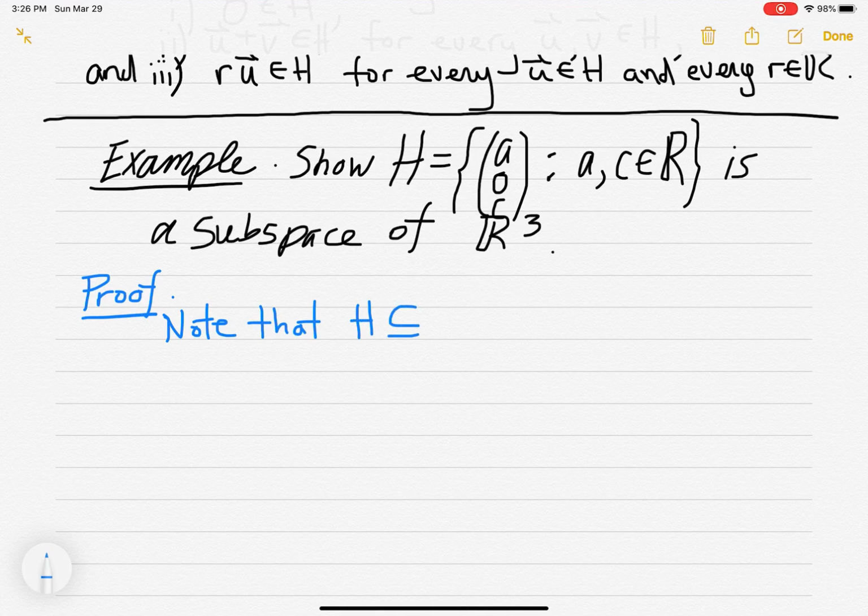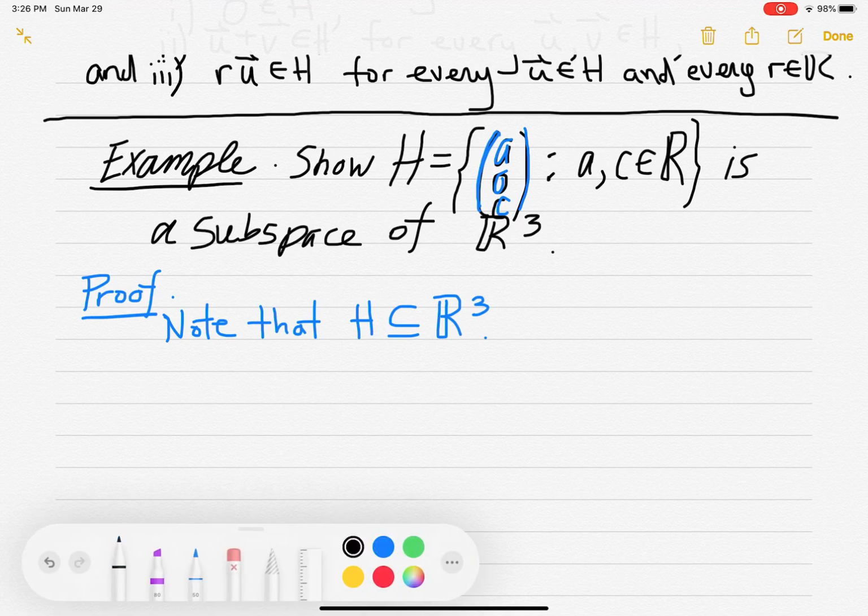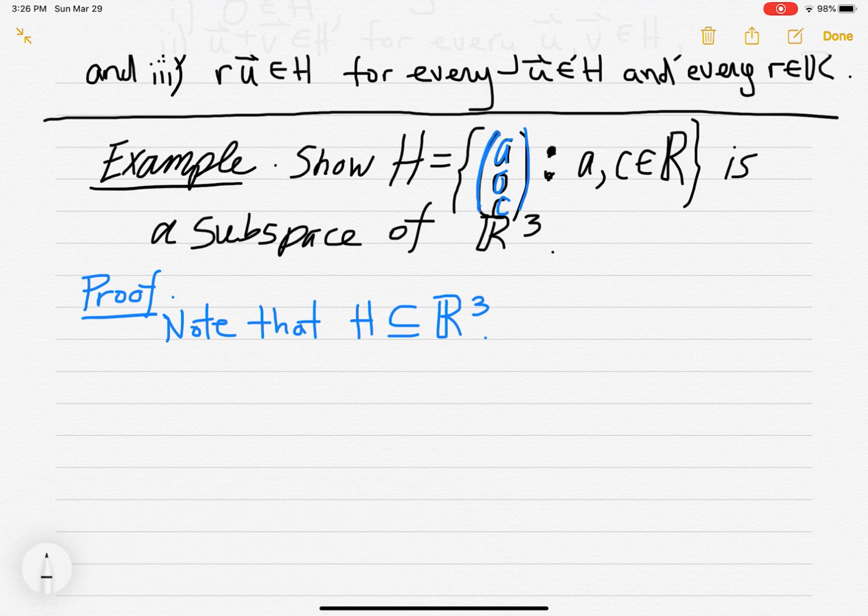That's the symbol for subset. It looks like a sideways horseshoe with an equal sign underneath. So why is H a subset of R3? Well, look at H. The elements of H have 3 entries: a, 0, and c. So it's a subset of R3, H is.